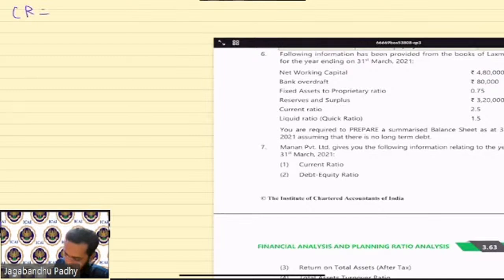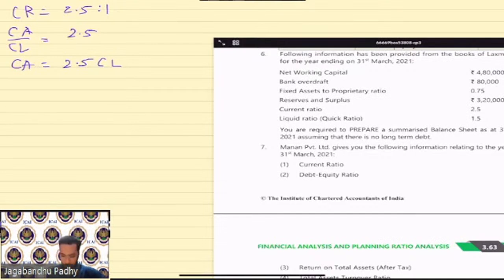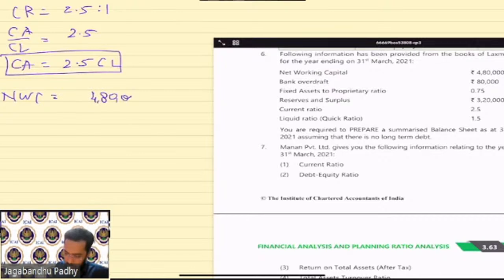Since current ratio is 2.5:1, therefore current asset upon current liabilities is 2.5. Therefore current asset will be 2.5 times of current liability. Now net working capital is 4,80,000. That itself is current asset minus current liability is 4,80,000.